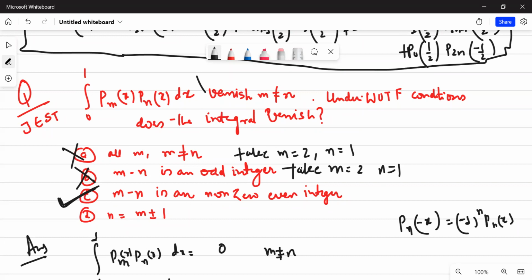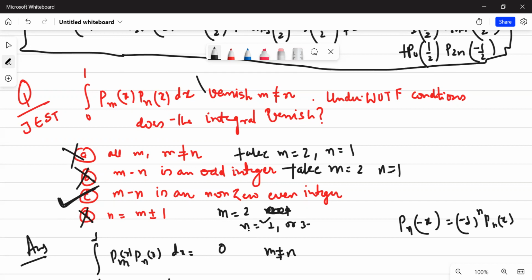And also, if m is equal to 2, then n equals either 1 or 3. If you take just one sign, that is minus 1, then m equal to 2 gives 2 minus 1, which is 1, so n equal to 1.